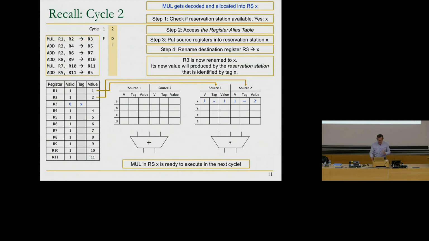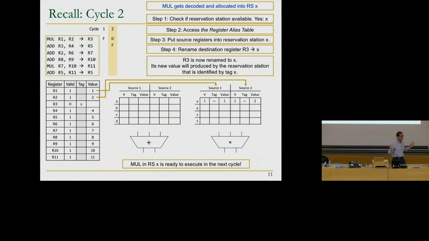Okay, so actually, I will have a question later on related to this, but we didn't really need to rename it to X, right? X happens to be the reservation station ID over here, but you could have some other namespace. You could have some other ID associated with it, as long as you can ensure that this instruction that's producing this value of R3 is connected to the instructions that are consuming the value.